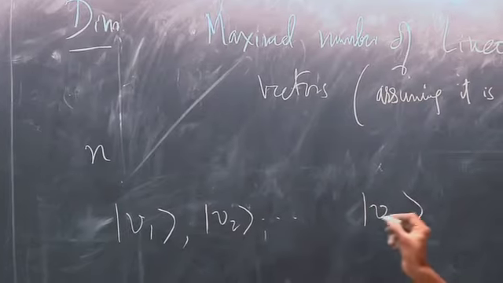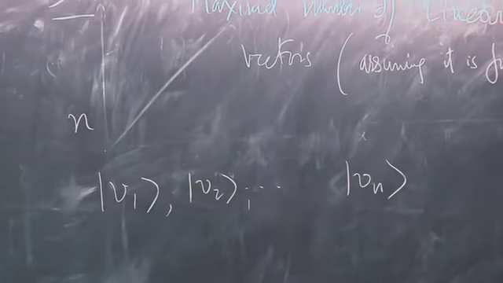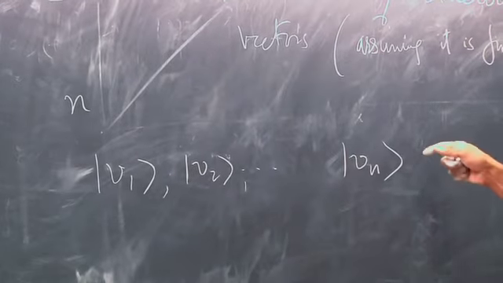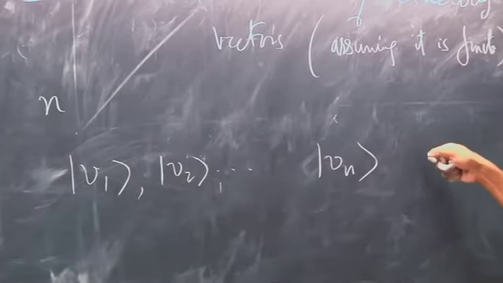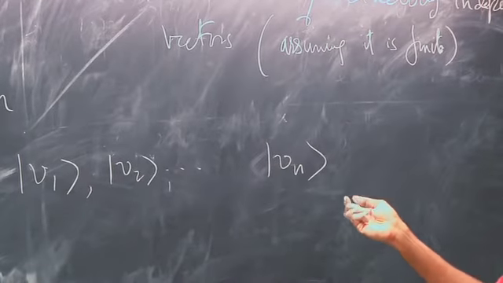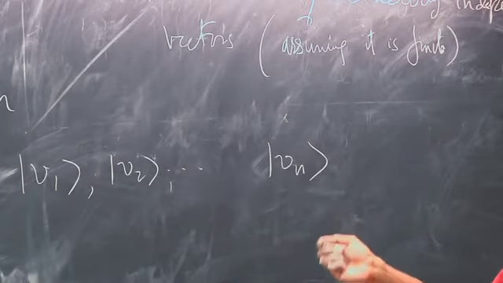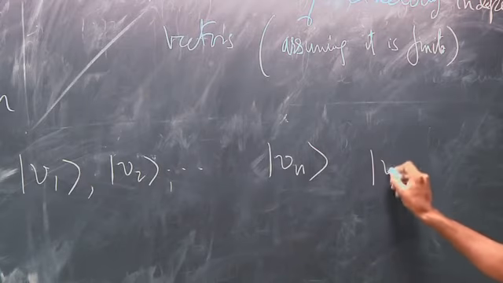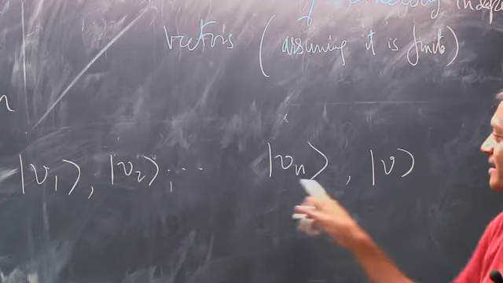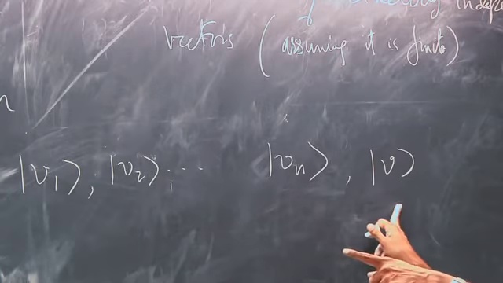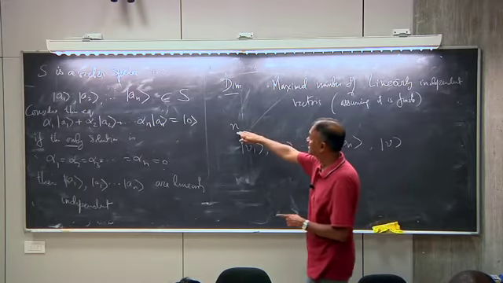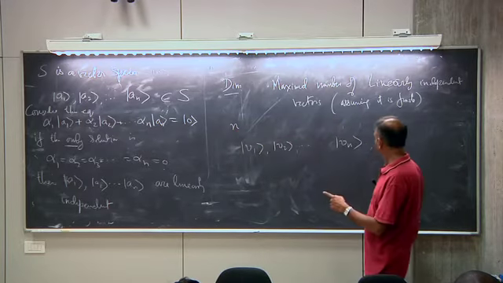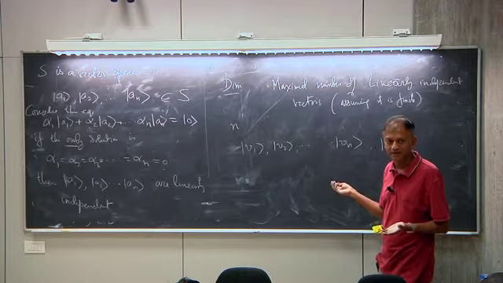We are saying this is the maximal number, right? What it means is, if I take this set and put one more element, then it is no longer linearly independent. So if I take any other vector and put it together, so another n plus 1 vectors, since I'm saying that n is the maximal number, these n plus 1 vectors cannot be linearly independent, right?